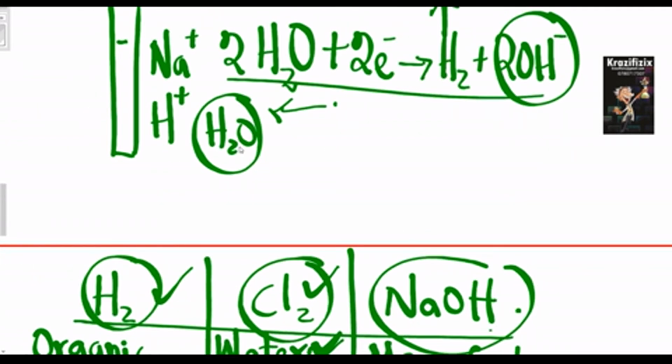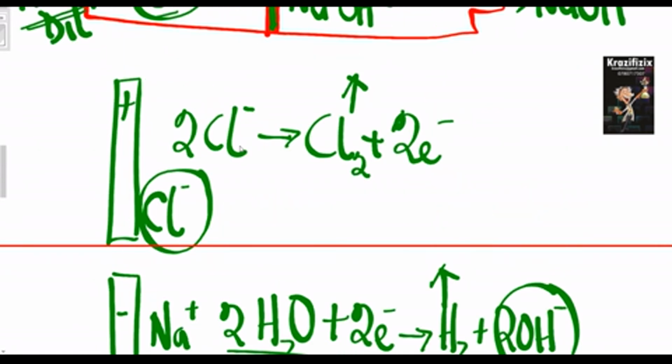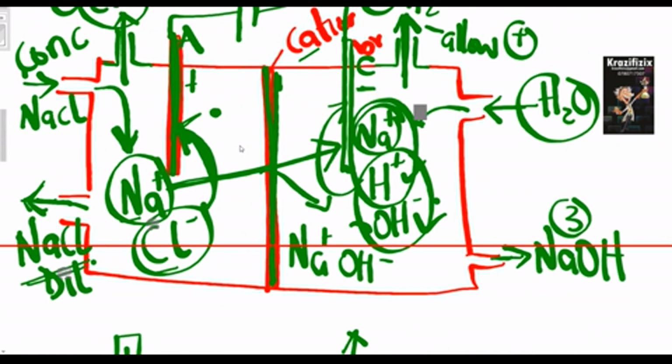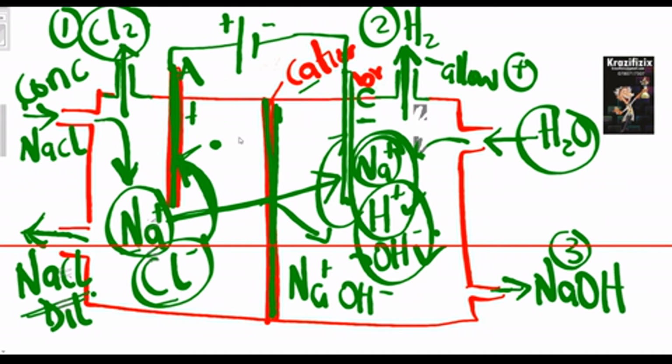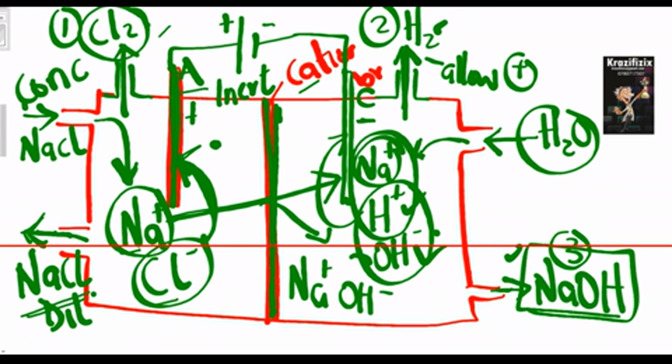This whole process is easy to run. Why is it easy to run? Your electrodes are inert electrodes, most especially graphite. This system is environmentally friendly because all the products are very useful to human nature. Plus, very purified sodium hydroxide is produced.